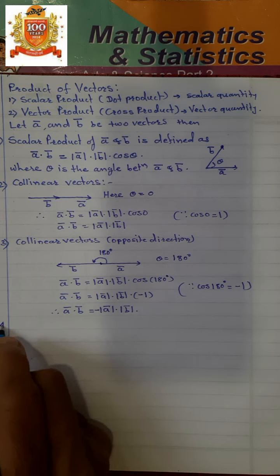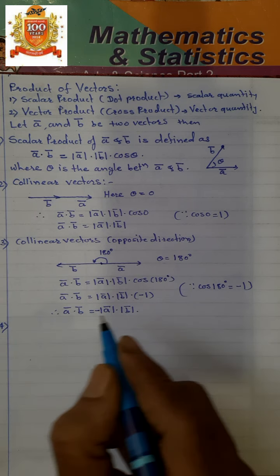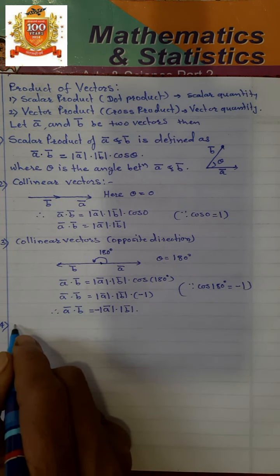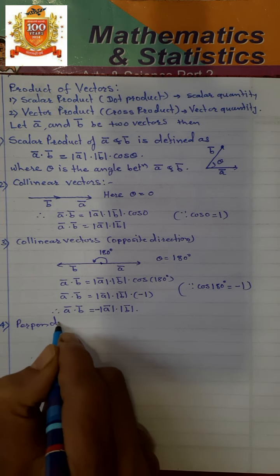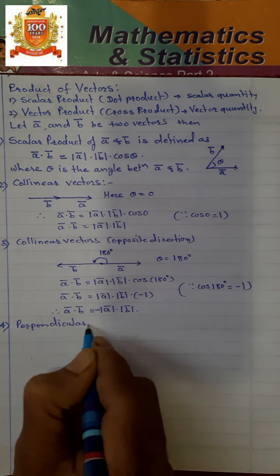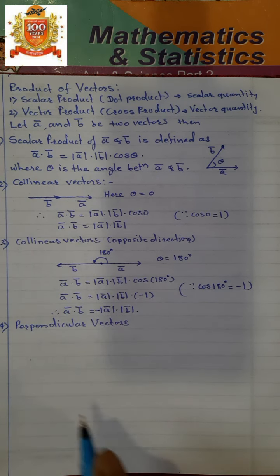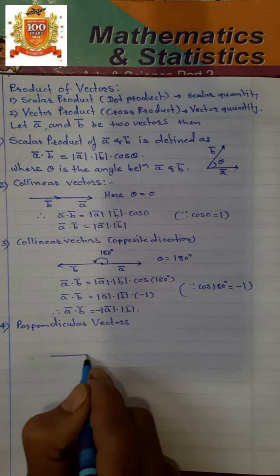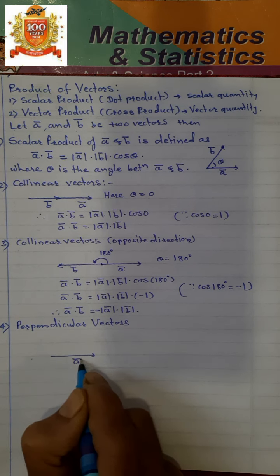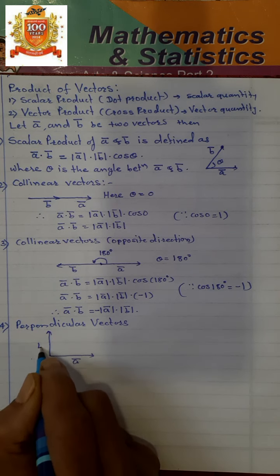Now fourth, perpendicular vectors. Suppose this is vector A bar and this is vector B bar.